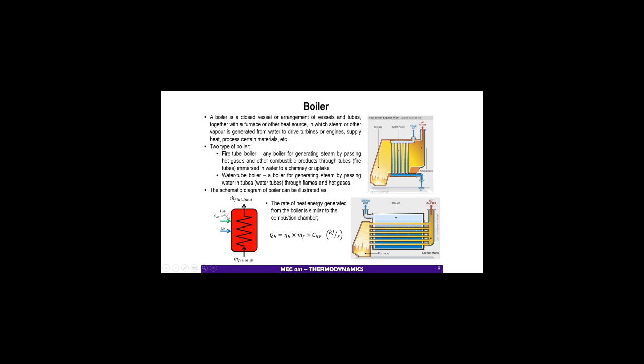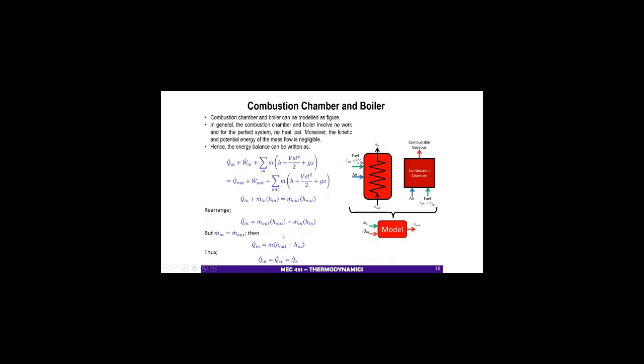So heat in a boiler is the efficiency of the boiler times your mass flow rate of fuel times calorific value. So this is similar to the combustion heat. So we have two types, the combustion chamber and the boiler.